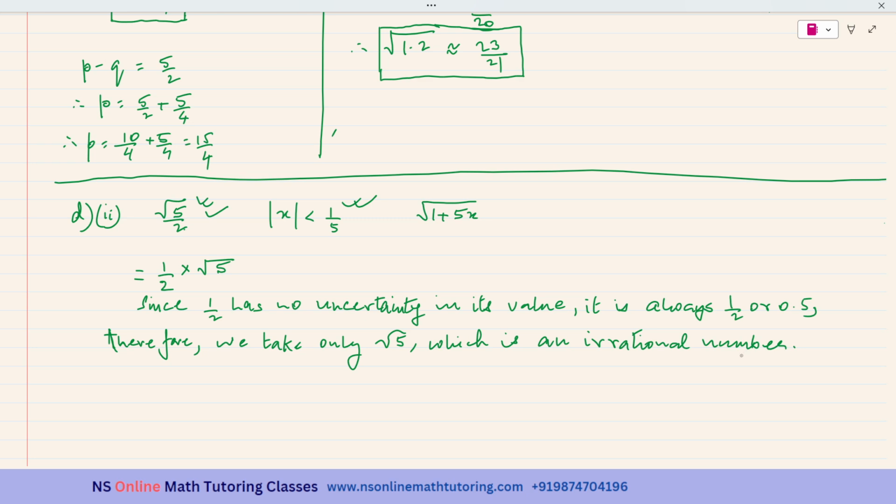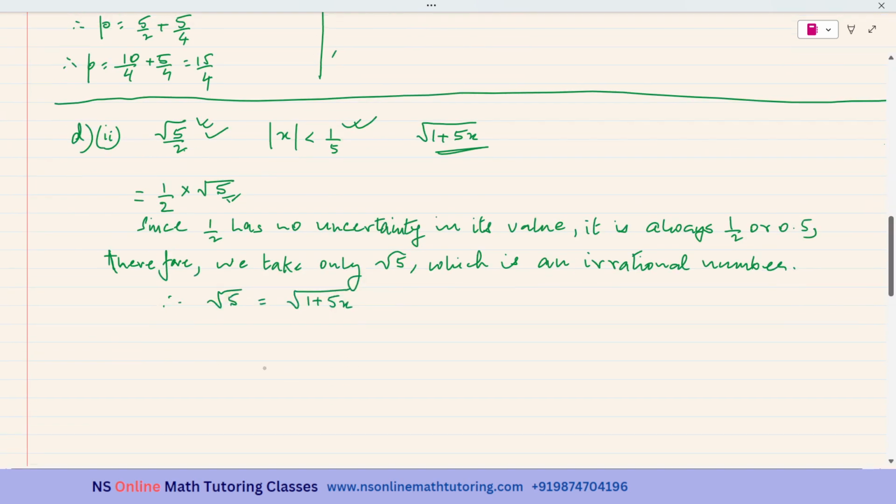Okay. So now we will be writing this 5 in this form, 1 plus 5x. So therefore, root 5 is equal to root of (1 plus 5x). Now we have to find the value of x.